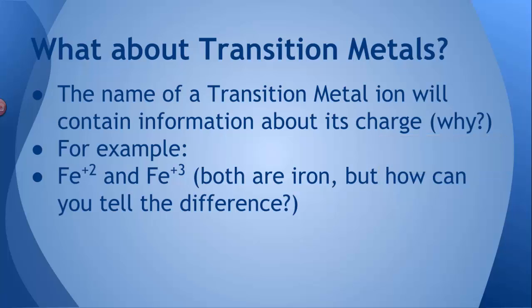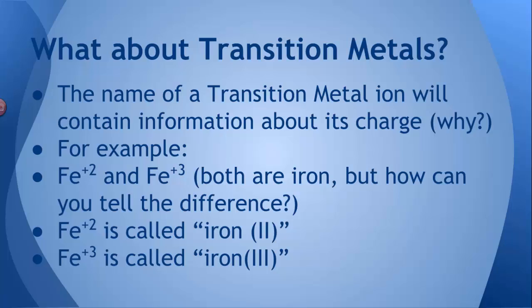We have to include some information in the name about the positive charge on that metal, and the way we do that is with a Roman numeral in parentheses after the name. So the iron with the +2 charge is called iron 2. The Roman numeral 2 means that it has a +2 charge. And the iron with a +3 charge is called iron 3. Okay? That's how we do it.